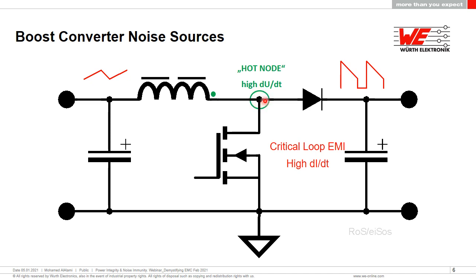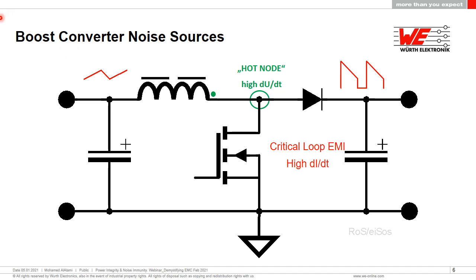This is a critical node that we need to keep in mind when it comes to layout and tracking, because this node, which we call a hot node, will be causing quite a substantial amount of noise. The harmonic content of that voltage signal is quite high.